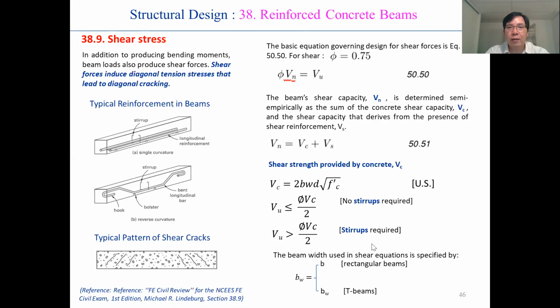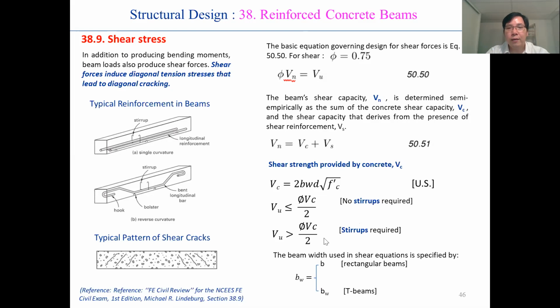And in this part, I show you the basic equation for the design for the shear force. So you can see in detail the different equations for calculating the shear strength provided by concrete Vc, and after you can follow for different cases with stirrup or without stirrup.